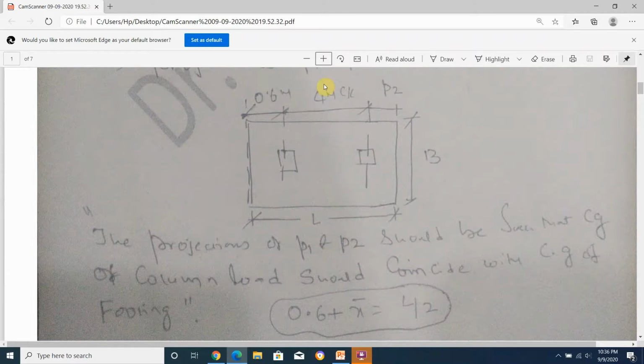That means I take a section here somewhere where the centroid is acting at a distance of L by 2, hence 0.6 plus x bar. So from here to here is x bar.